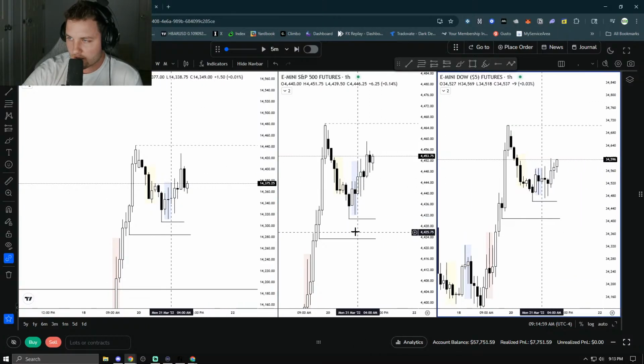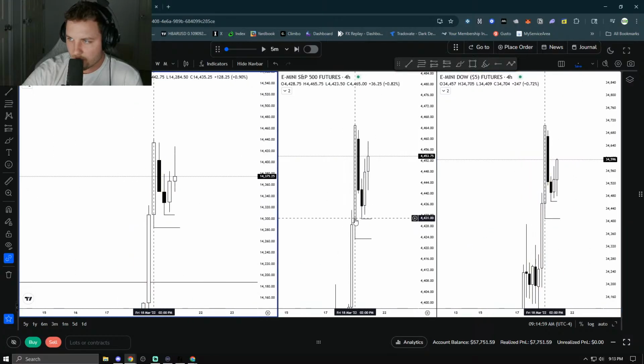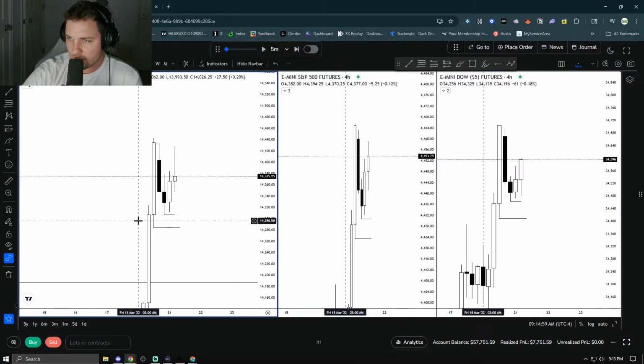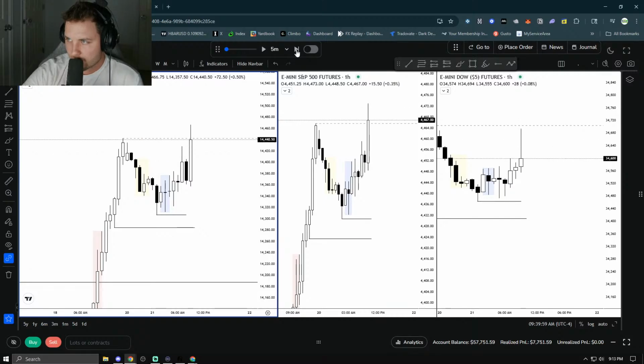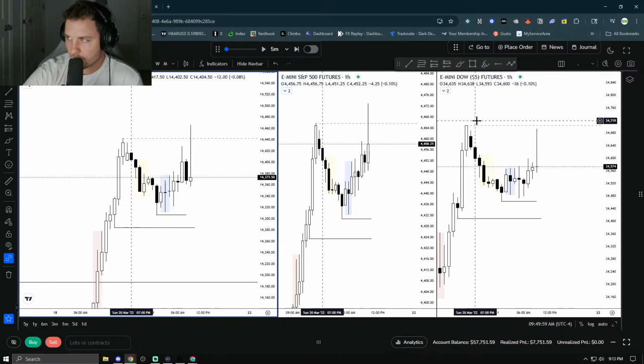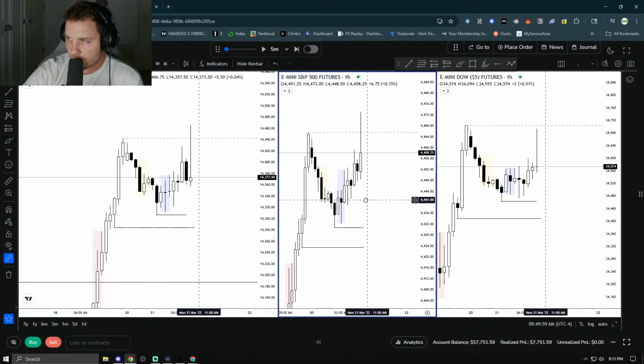So I would suspect, I don't really have a clear failure swing, failure swing, failure swing. So 9:30 has to manipulate, so we would look for a 10 a.m. continuation. Okay. So it looks like we want to go lower.